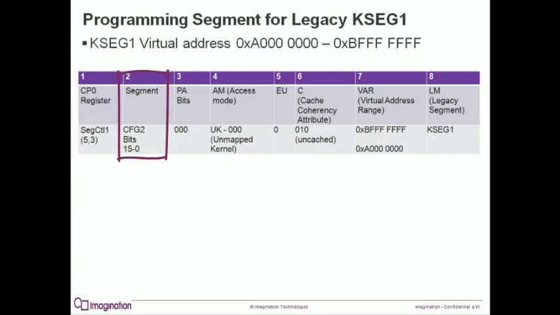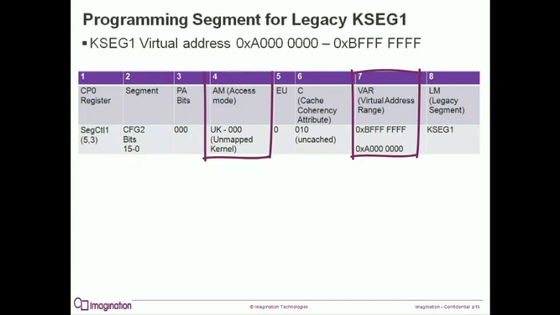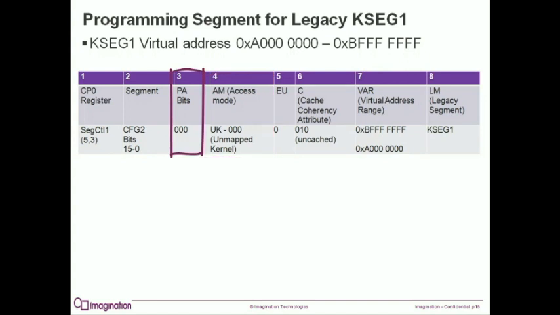This segment covers the 512 megabyte virtual address range starting at A million hex. The access mode encoding is 000 or unmapped kernel. The PA bits are set to 000, so this segment will directly map to the physical address 0, covering the first 512 megabytes of physical memory.